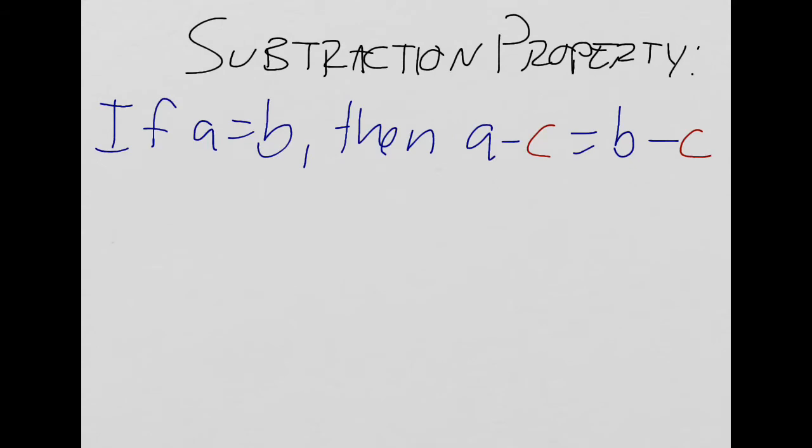Next up, we have the subtraction property, which is really similar to the addition property, just with subtraction instead. So if A equals B, then A minus C equals B minus C. Let's look at an example.